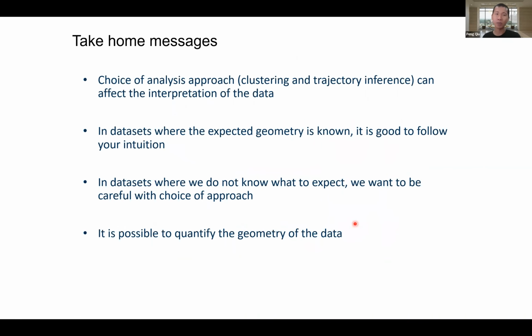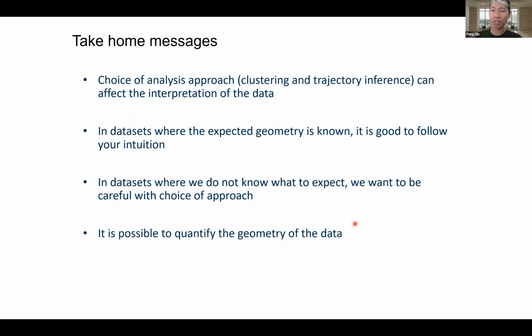Okay, so the take-home message is that while we've talked about a clustering algorithm and a trajectory inference algorithm, and how they work, we see that the choice of analysis algorithm actually can affect the interpretation of the data. So in data sets where we know the biology and we know how the data is generated, then that prior knowledge and our intuition probably will be sufficient to guide us on whether we should do clustering or trajectory finding.